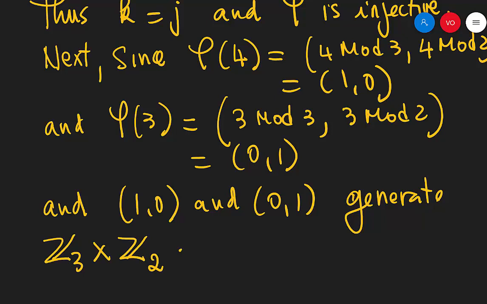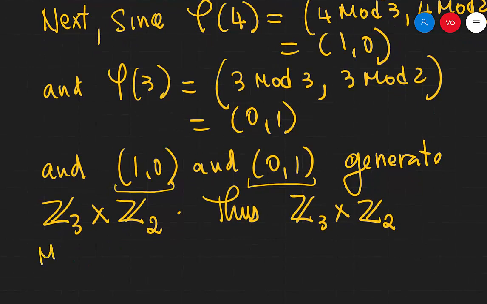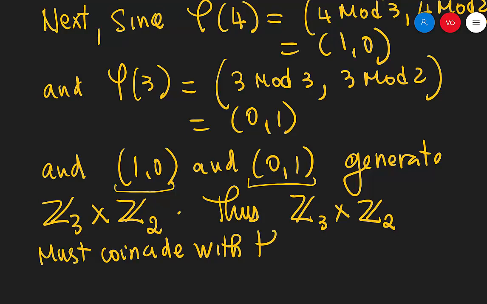So in other words, these two will generate any element in the range. So the range has to be everything. This Z3 Cartesian product Z2 must coincide with the range of the map.